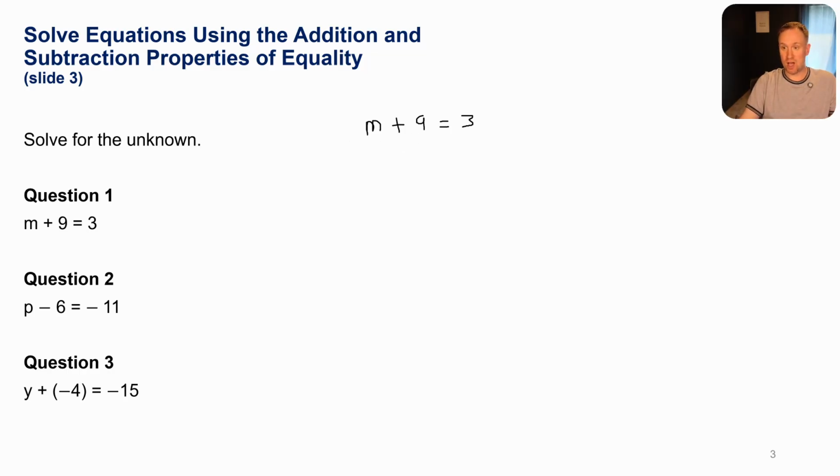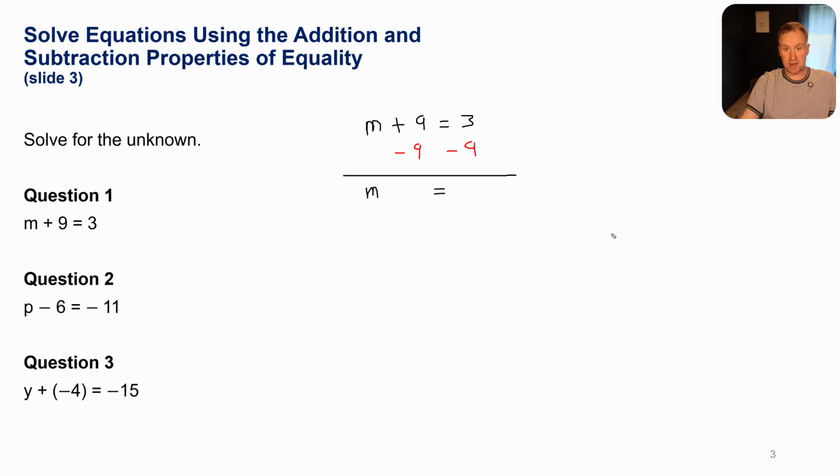So we're doing the opposite of addition, which is subtraction, and we need to do that to both sides of our equation. And what we get here is m, 9 minus 9 is 0, so you could put a 0 there or you could leave it blank, equals 3 minus 9.